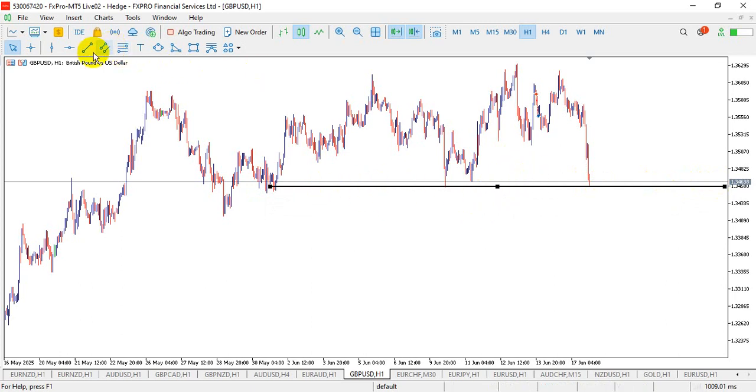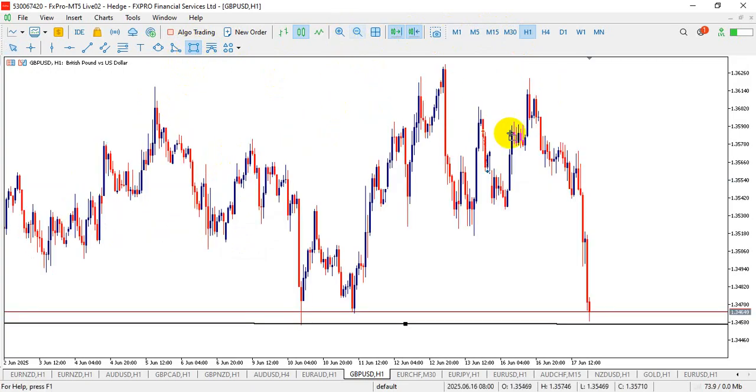But for this one, since price is already here, we should be waiting for where price will bounce for a buy. For those of us who want to buy, first of all, let's look at this one that has been mitigated. Then let me open it up so that some of us will see the chart very well.